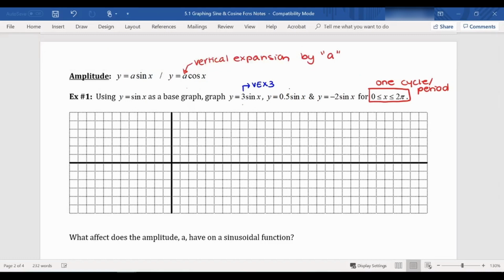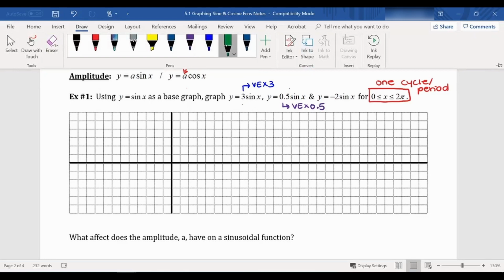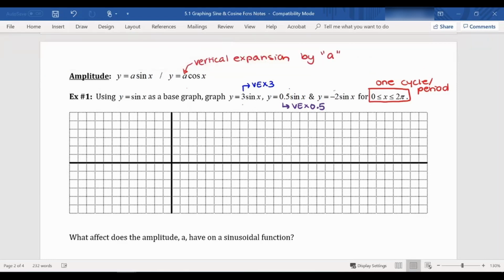Our next one, we've got 0.5. This means we're going to have a vertical expansion by 0.5 or 1/2. And the last one, we've got -2. So this is going to be a vertical expansion by 2 and also a vertical reflection.